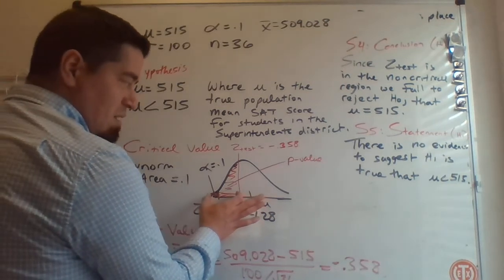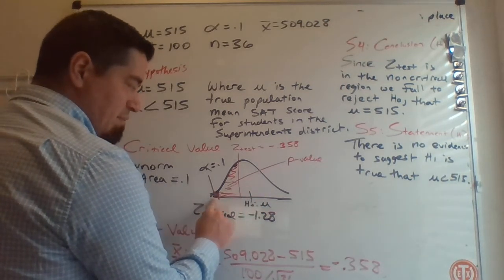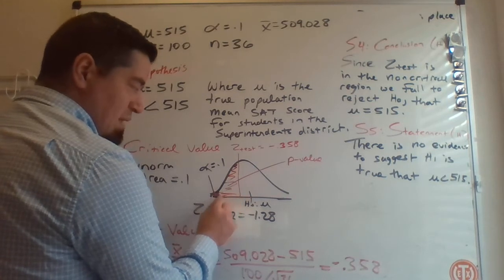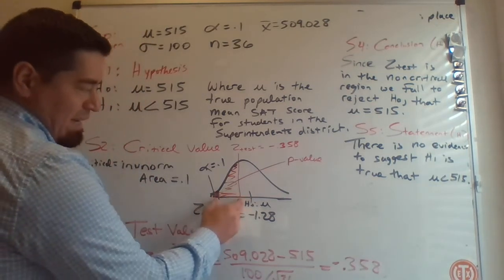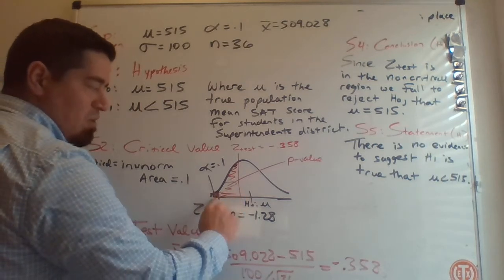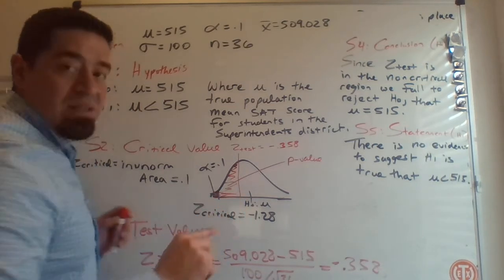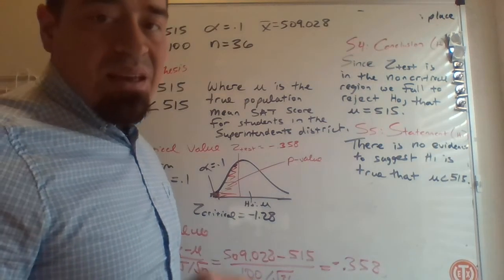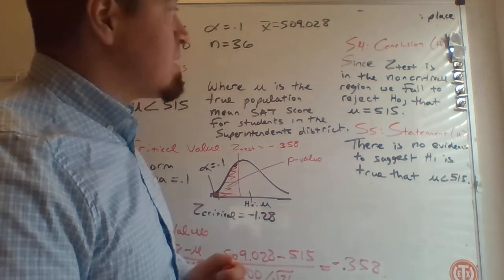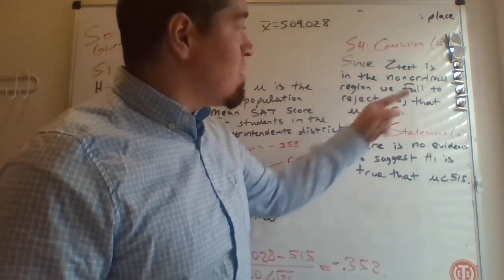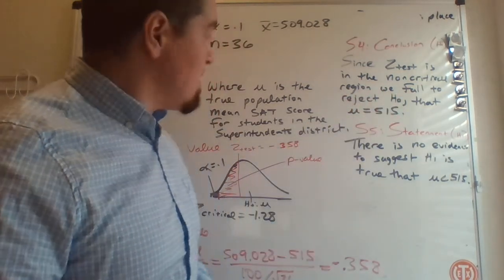The p-value is in red, alpha is in black. Is the p-value less than or greater than alpha? Well, clearly the p-value would be greater than alpha. So according to slide 47, if the p-value is greater than alpha, do not reject the null hypothesis, or in other words, fail to reject the null hypothesis, which is what we did.